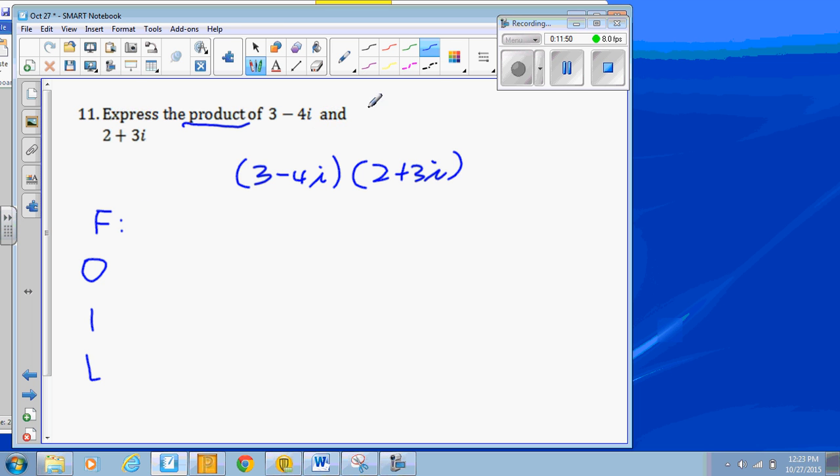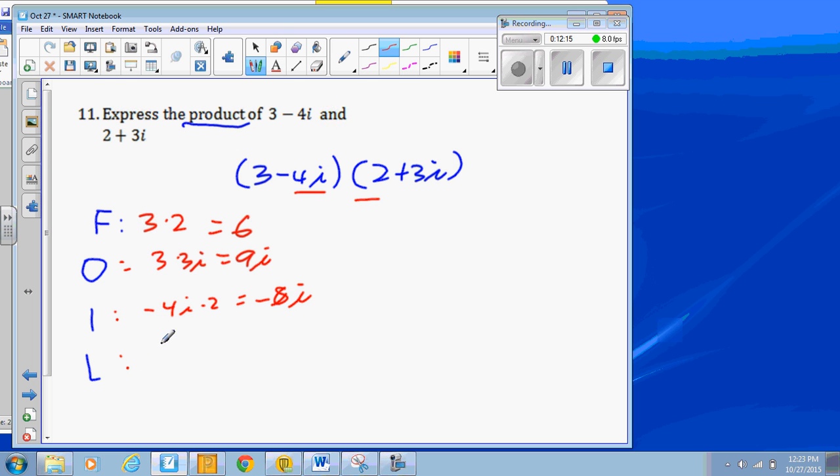The first numbers are going to be 3 times 2, which is 6. The outer numbers would be 3 times 3I, which is 9I. The inside numbers are going to be negative 4I times 2, which is negative 8I. And the last numbers are the final two.